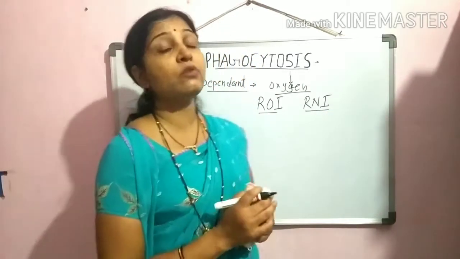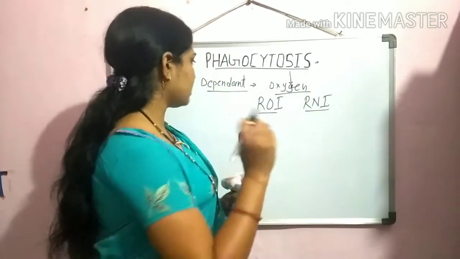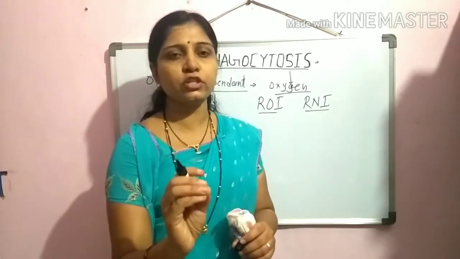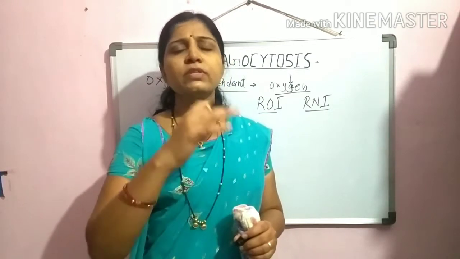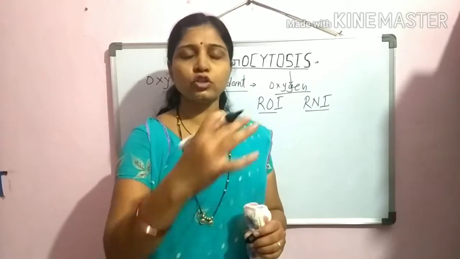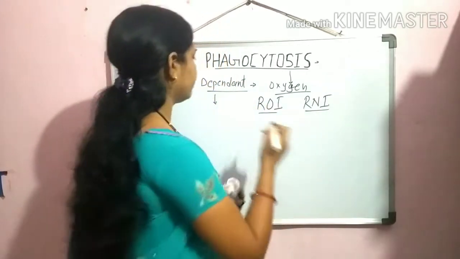Now, for the formation of reactive oxygen intermediate, we first see the initiation of the process of phagocytosis. Firstly the material is ingested and transferred, that is, with the help of the phagosome the microorganism or foreign particle is ingested inside the phagocytic cells. Then these are transferred within the phagosome.